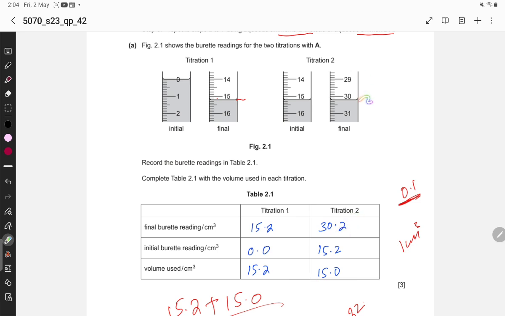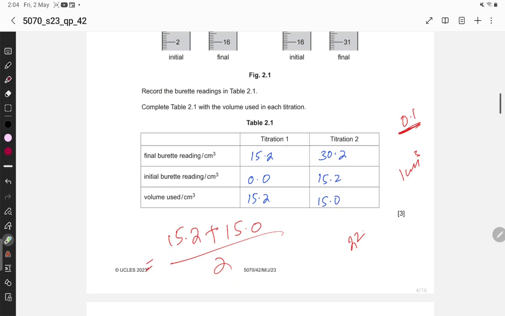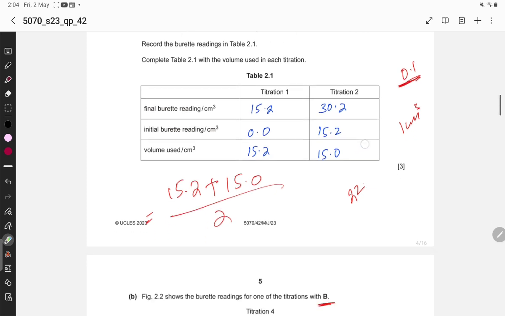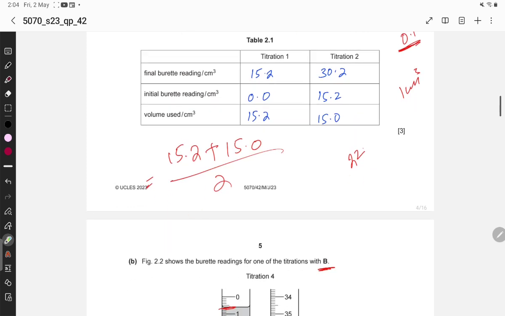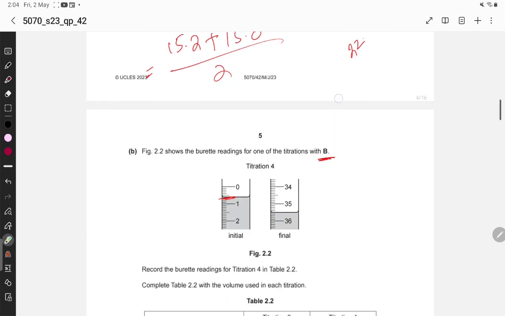Titration 2 initial is 30.2. 30.2 is the initial reading, and 15.2 is the final reading. So the volume used for this titration is 15 centimeter cube. To get the mean volume, we add these two volumes, 15.2 and 15, and divide by 2 to get the average volume used.